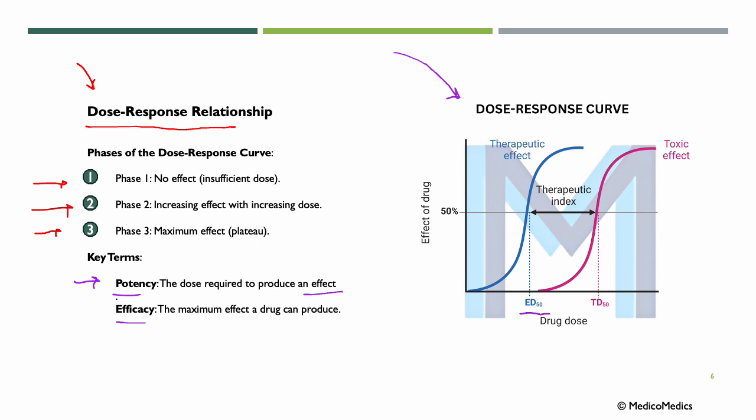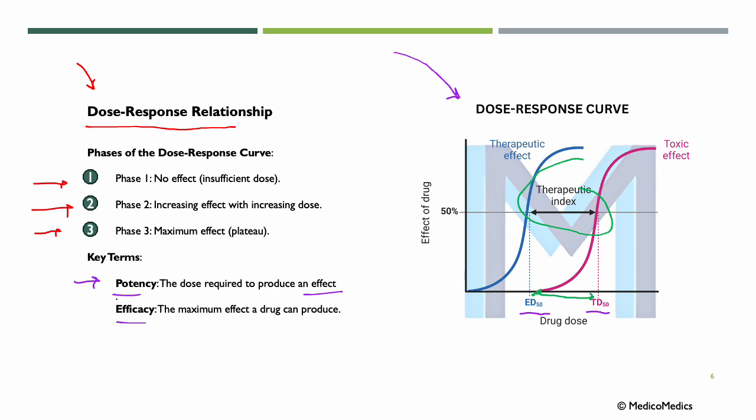In contrast, TD50 here, or a toxic dose for 50% response, represents the onset of toxicity. And the therapeutic index, so the distance between ED50 and TD50, seen here, clearly illustrated, reflects the drug's safety margin.